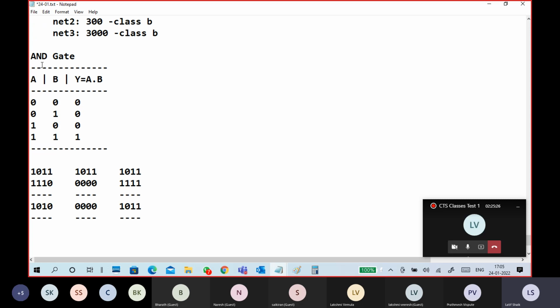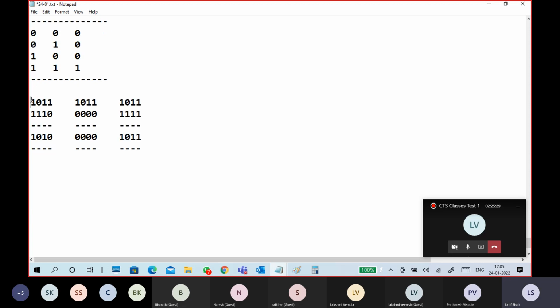So that is your AND gate. What it simply says: if both inputs are 1 1, then you will get 1. If any one input is 0, output is 0. If one set of input is all zeros, you'll get zeros only. If one set of input is all ones, you'll get the same input data only.